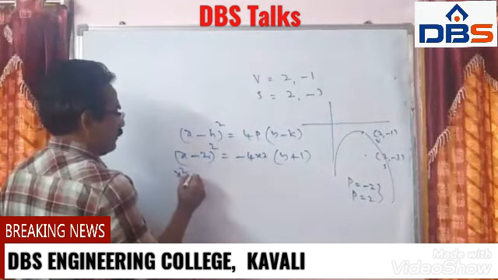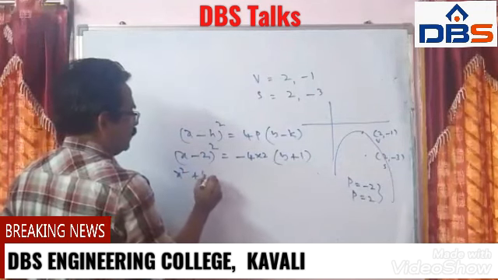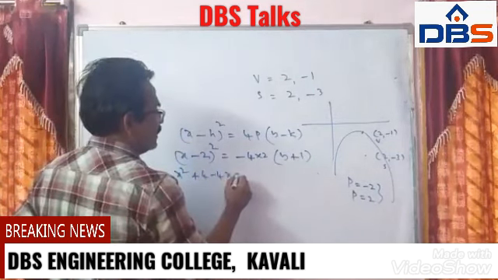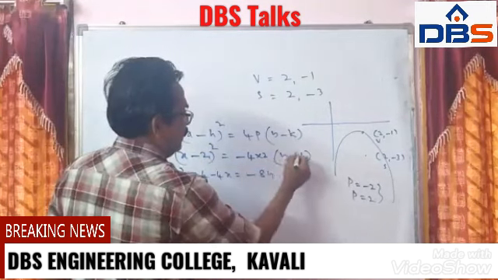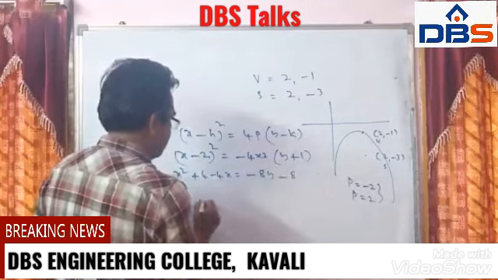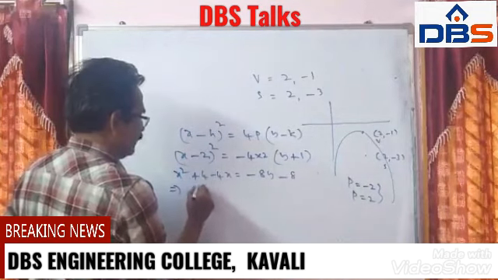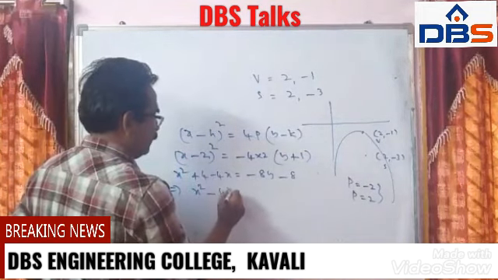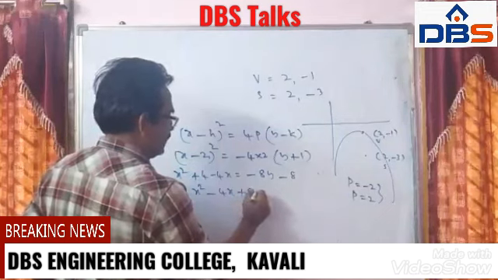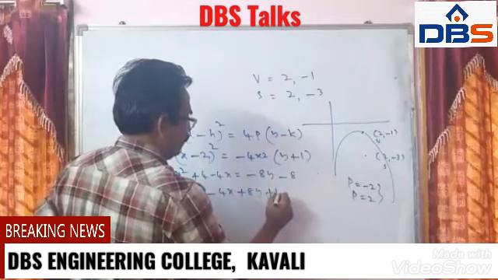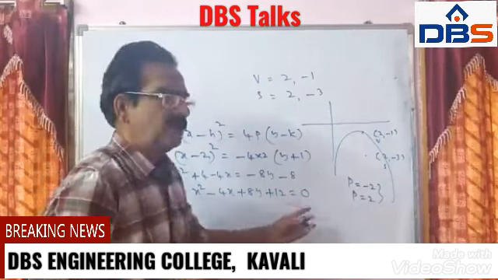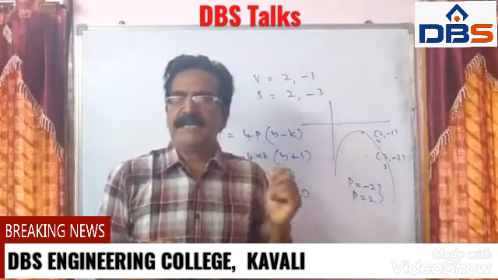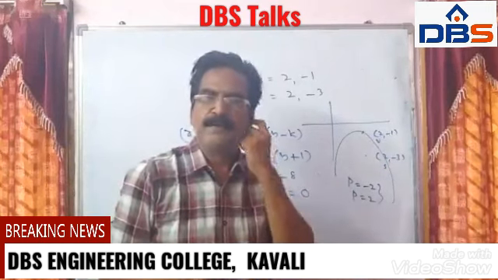So x square plus 4 minus 4x is equal to minus 8y minus 8. It implies x square minus 4x plus 8y plus 12 is equal to 0. So this is the required equation of your parabola, friends.